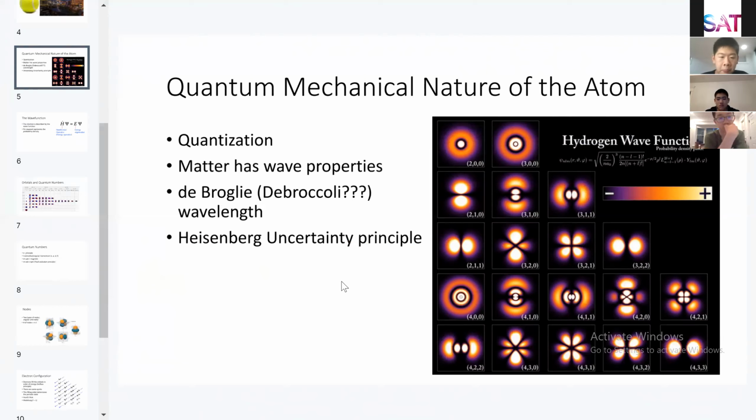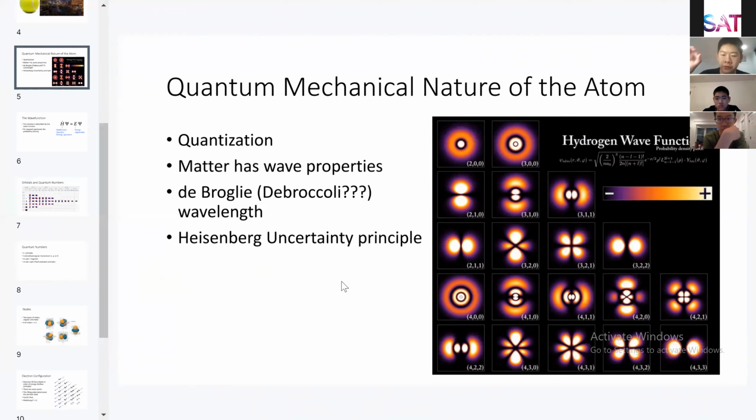Can you say that again? Sorry. Okay. So by quantization, we mean we're breaking stuff into discrete levels. For example, the energy of an electron. The electron can't have just any arbitrary energy.